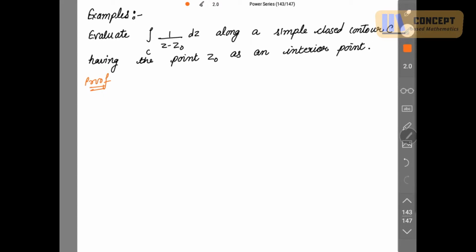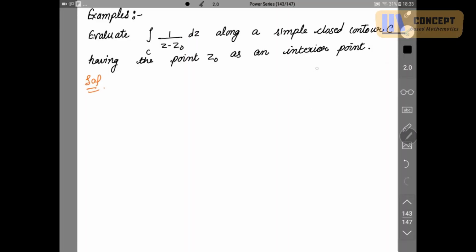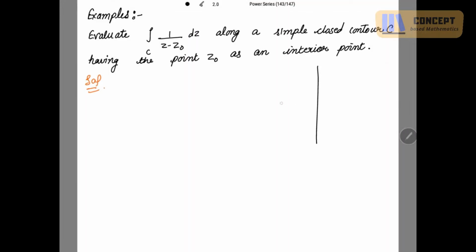Let's solve this example. We are constructing a circle, that is, mod z minus z naught equal to r. Your circle is like this. Suppose this is your x-axis, this is your y-axis.